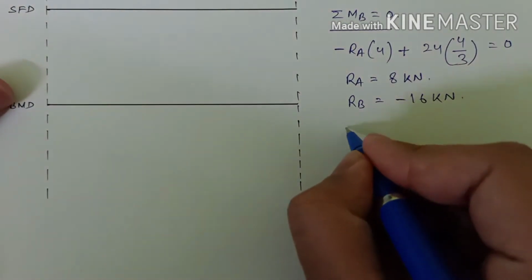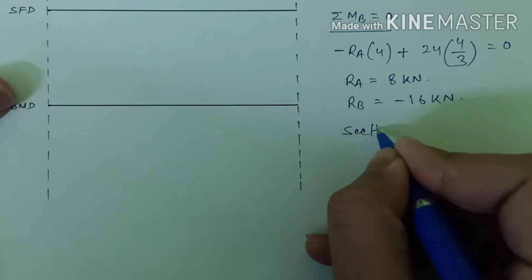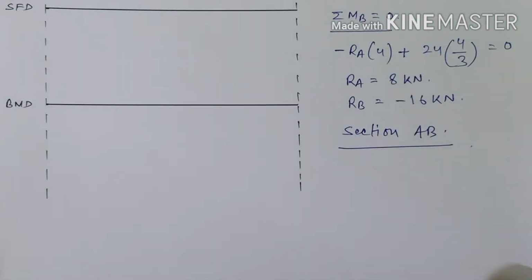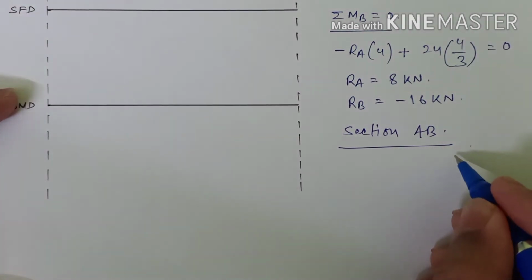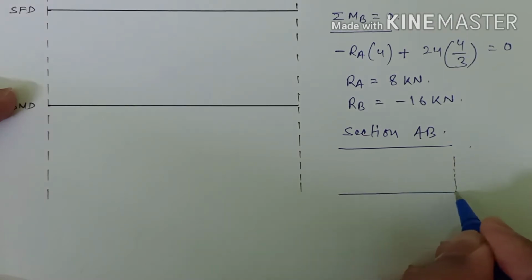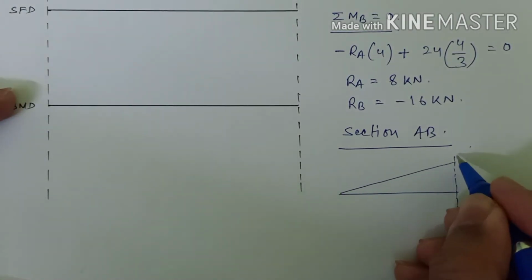So I have considered section A, B, right? So how it will look like? It will be like this, right?